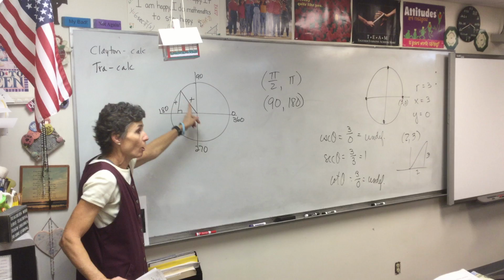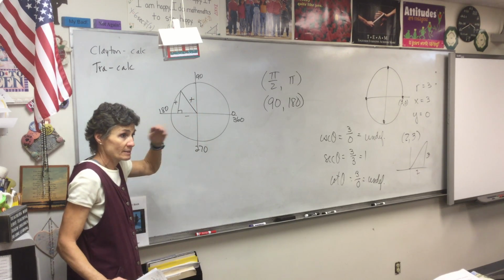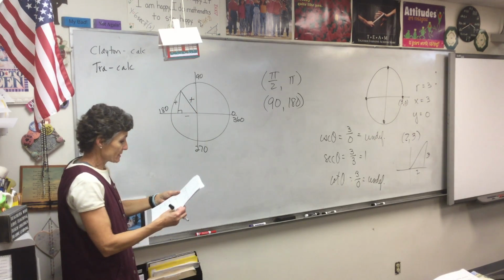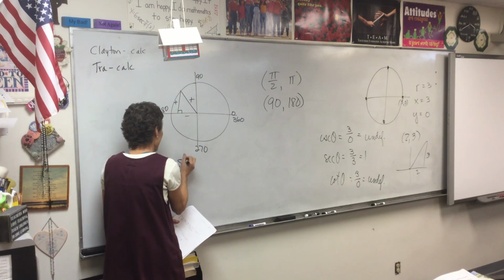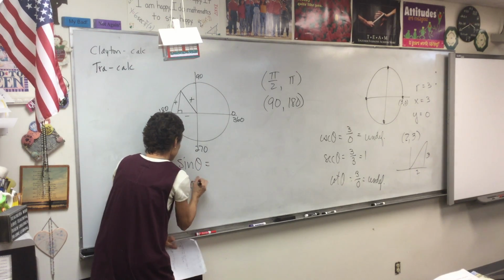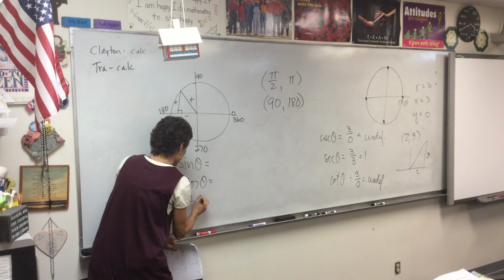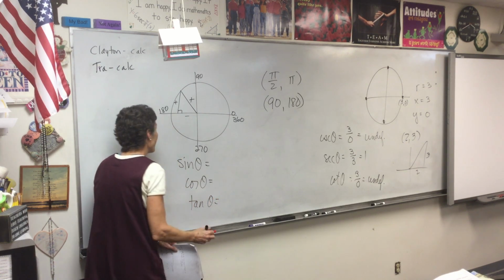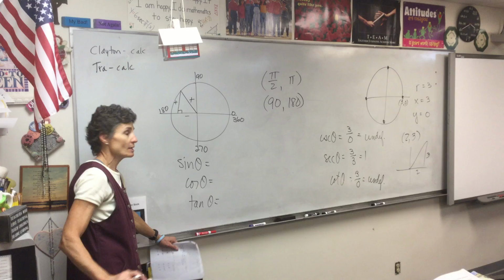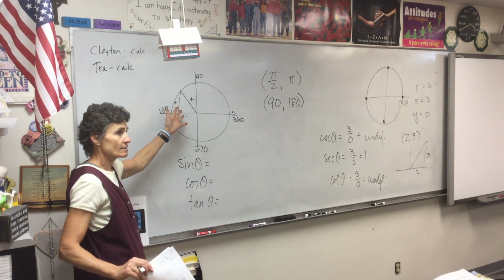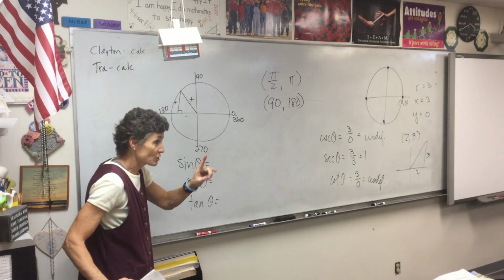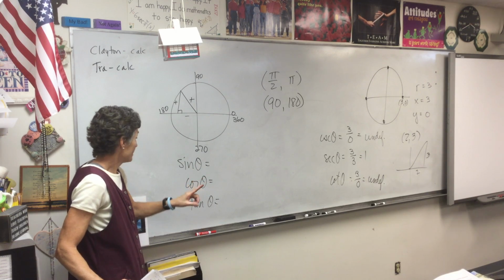But R will always be positive. So it says you have your sine and your cosine and your tangent. You cannot possibly give me numbers because I don't know how big that triangle is. But you can tell me if it's going to be positive or negative.